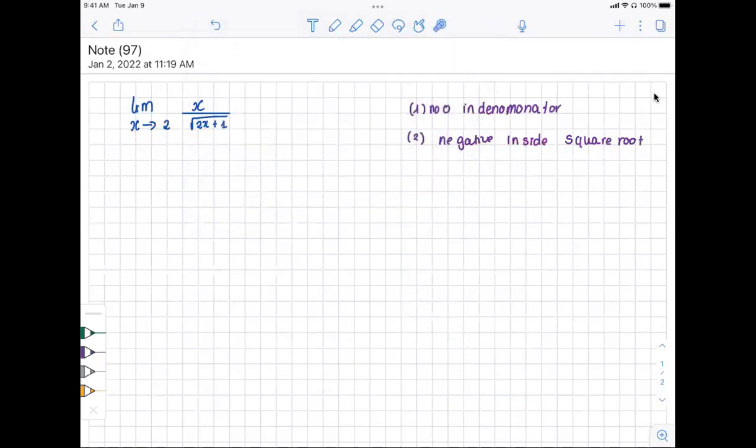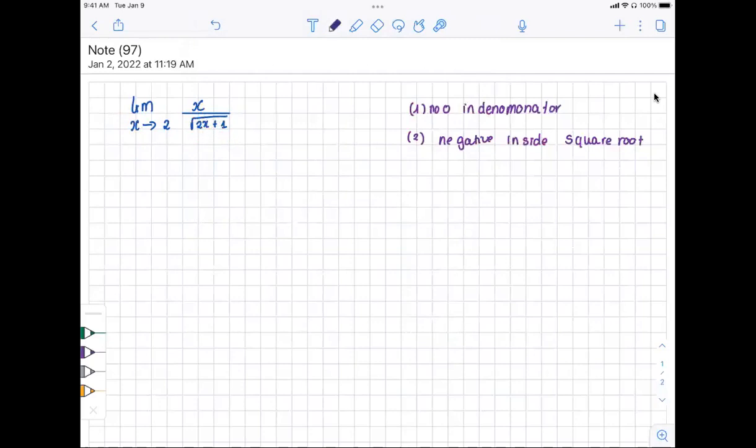the limit as x approaches 2 of x over the square root of 2x plus 1. Right? So now in this problem, you have a rational function of x over the square root of 2x plus 1. So you want to ask yourself, do I have 0 in the denominator if I plug 2 in for x?